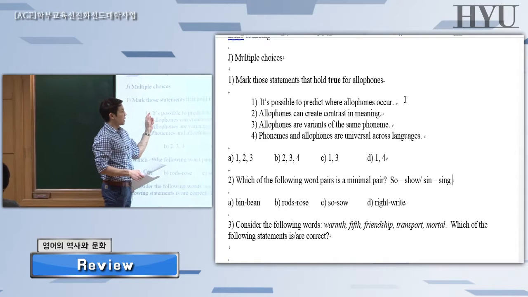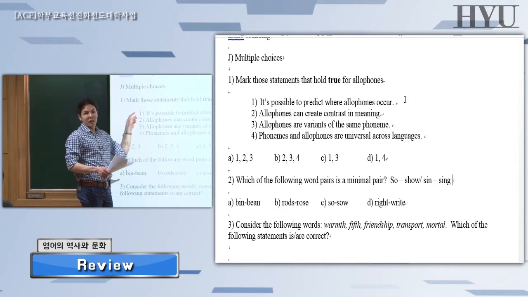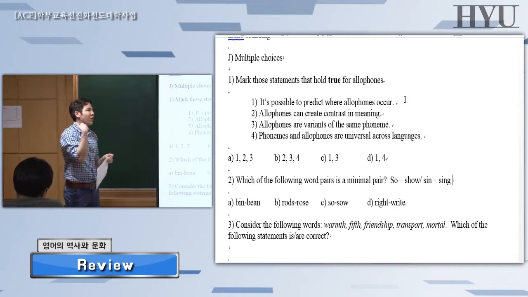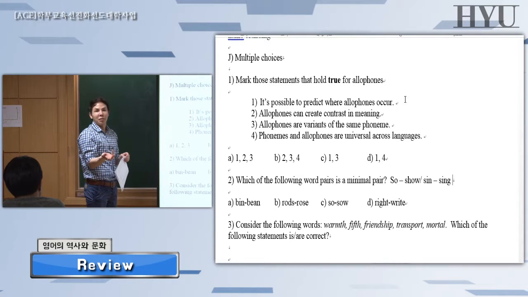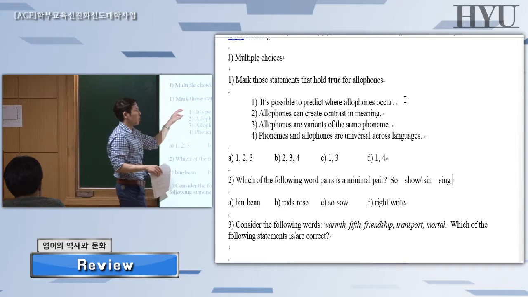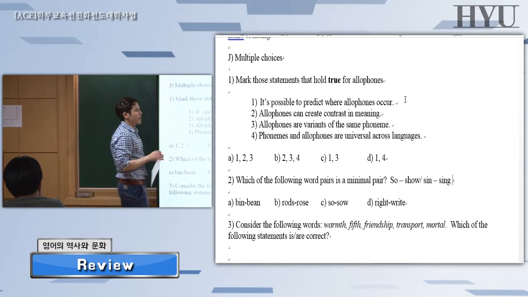So in number 1, it's possible to predict where allophones occur? Yes, right? So this is correct because you can tell where you'll find an aspirated P, where you'll find an unaspirated P, for example, okay? So number 1 is correct. Number 2, allophones can create contrast in meaning or not? No, right?